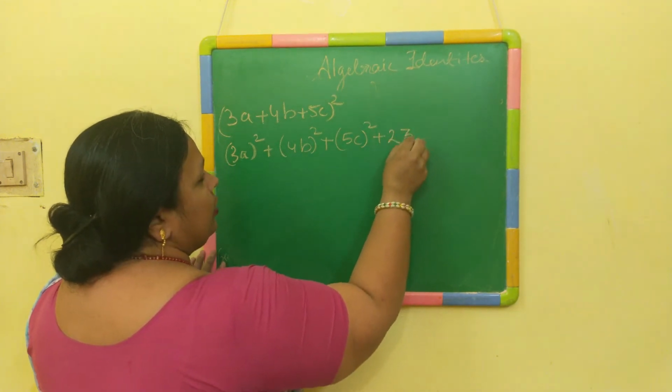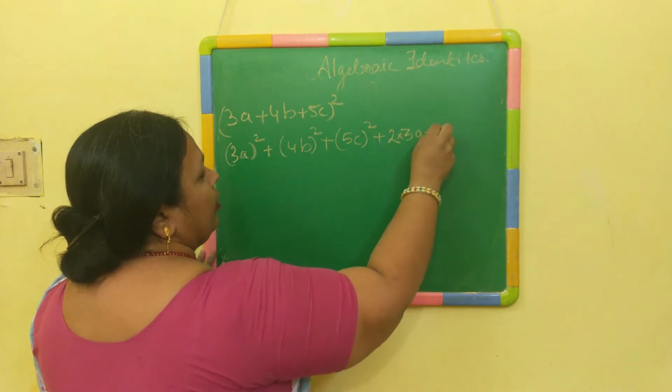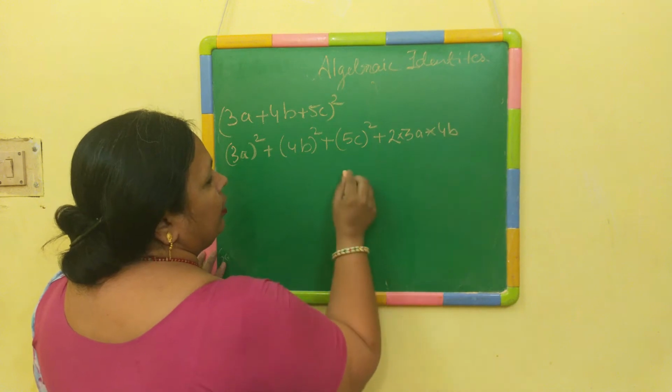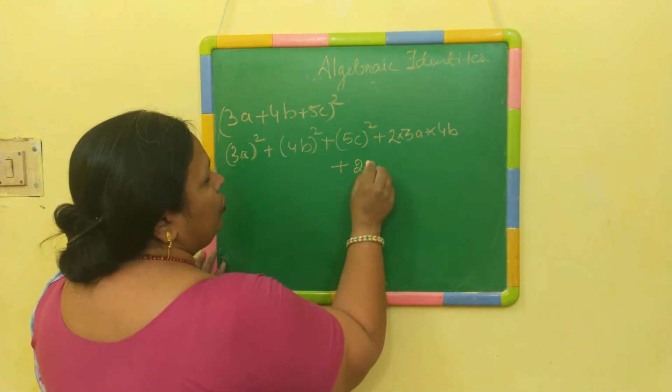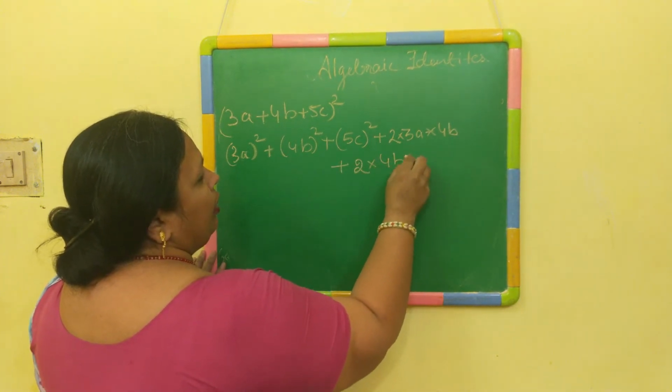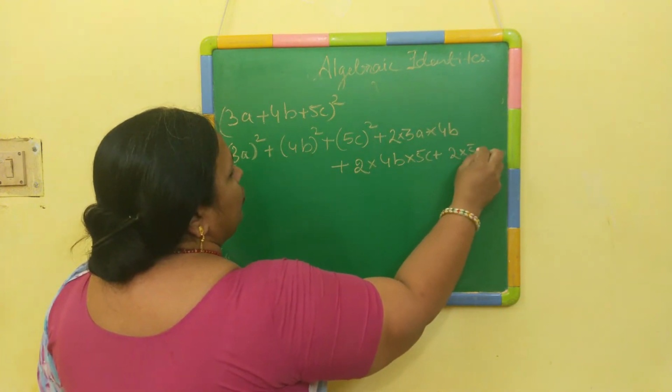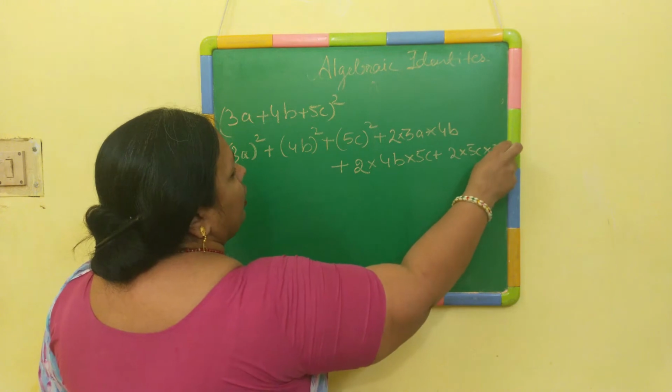X was 3a and y is 4b, plus 2 into 4b into 5c plus 2 into 5c into 3a.